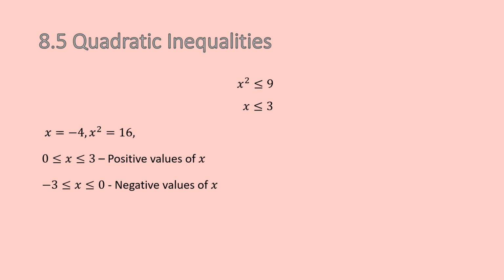These can be combined into a single statement like this. That is, x is greater than or equal to minus 3, and also x is less than or equal to 3.